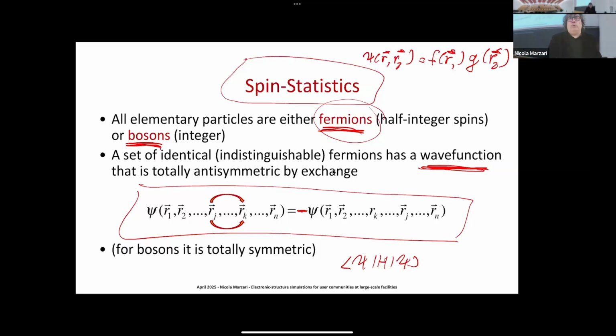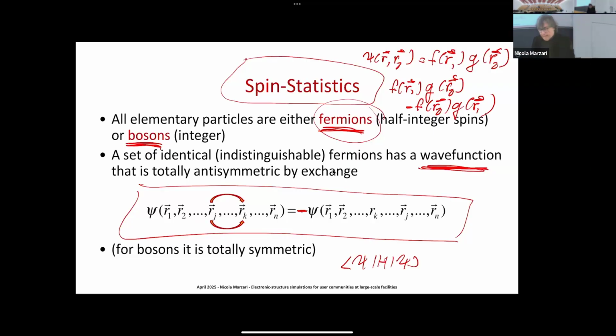What can you do to impose antisymmetry to the Hartree hypothesis? It's very simple. So rather than taking f(R1) times g(R2), you take f(R1) times g(R2) minus f(R2) times g(R1). You see, this object is antisymmetric. You swap R1, R2, it changes sign.